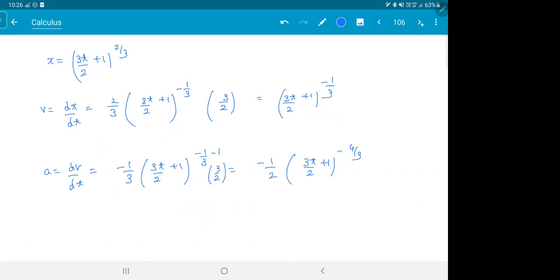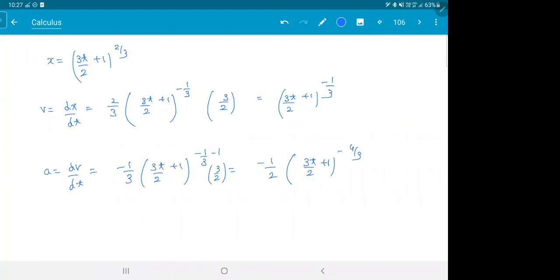There's still one more part. I want a in terms of x. Listen, there is a better way to do this.